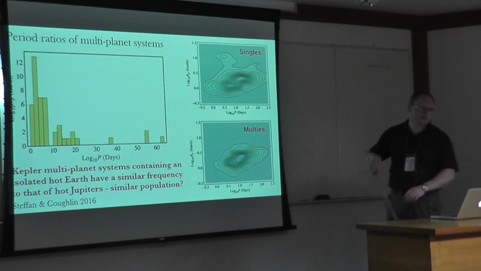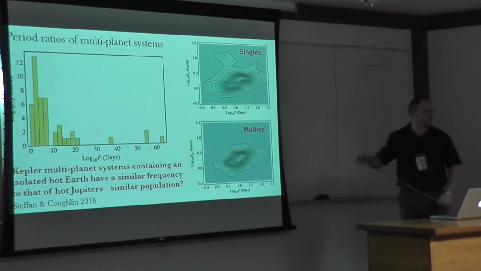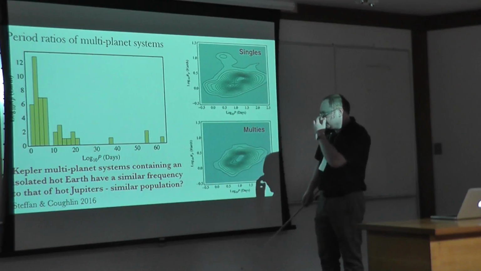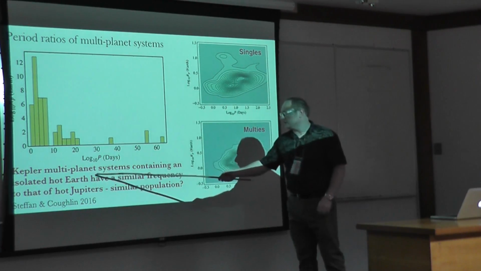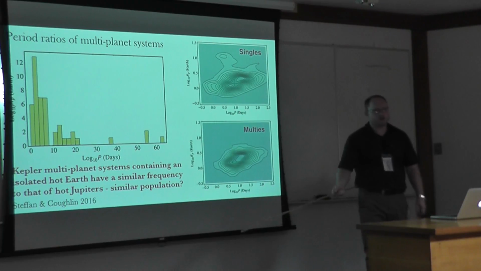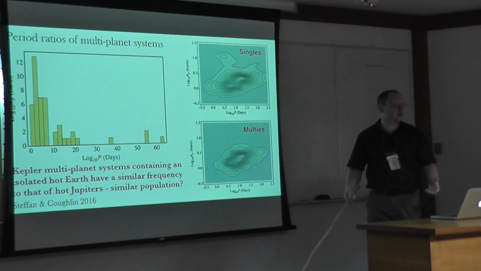Remember, the bulk of these don't have radial velocities to confirm them properly, observationally, dynamically. But what you can do, and this is just to highlight, is use multi-planet systems to confirm them as planets.